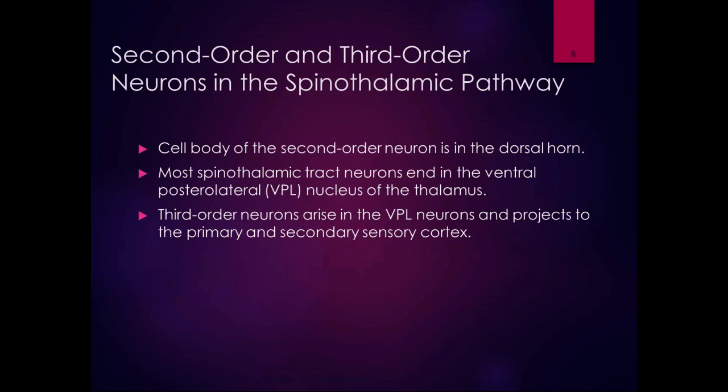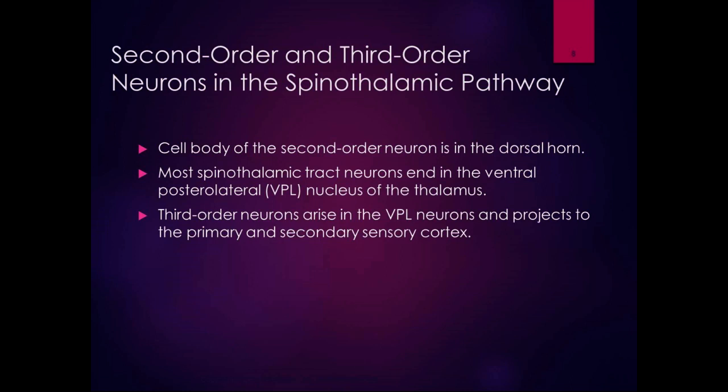So in the spinothalamic pathway, the second order neuron goes from the dorsal horn of the spinal cord up to the thalamus, and the thalamus then gets to decide if it's going to send that information to the brain. If the brain is busy with a bunch of other stuff, the thalamus might just keep it to itself and say, we don't need to know that right now, or the boss doesn't need to know that right now.